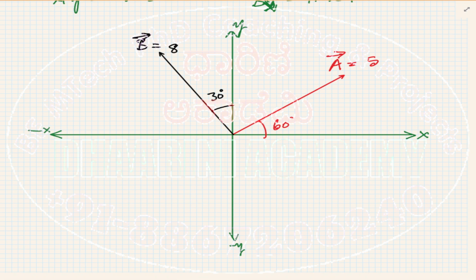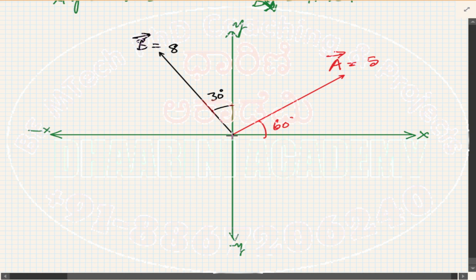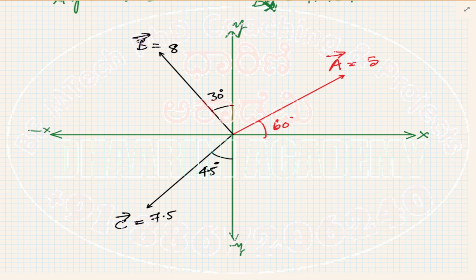Then the next one is here, vector c, the magnitude being 7.5 and the angle here is say 45 degrees.